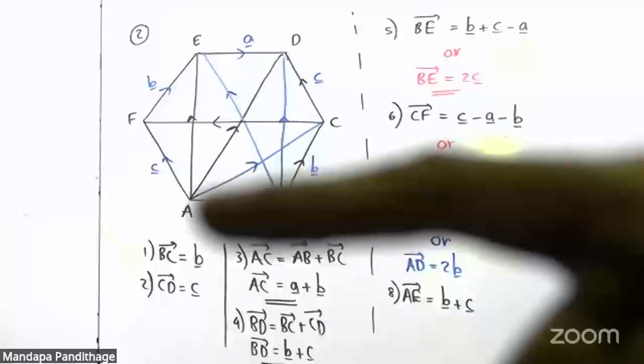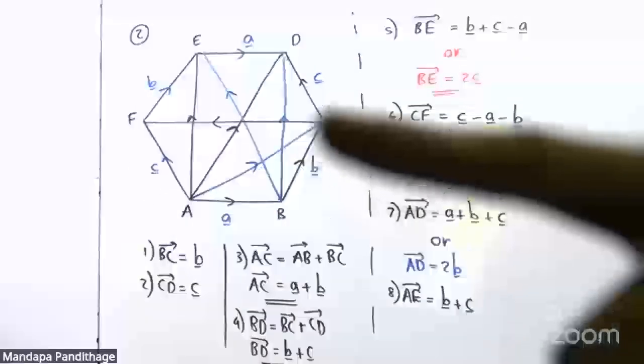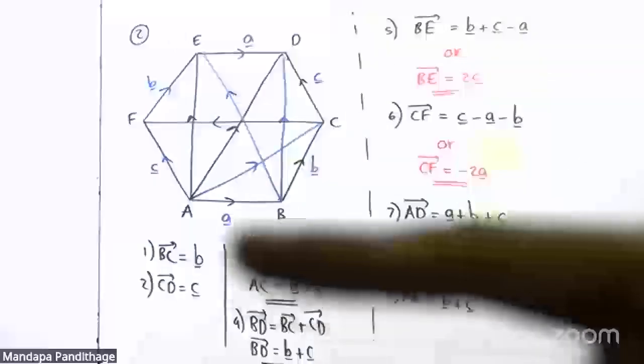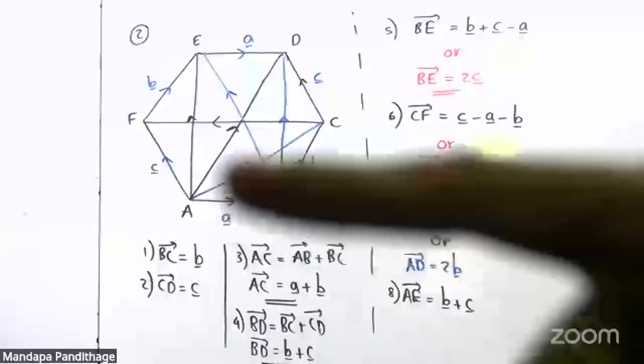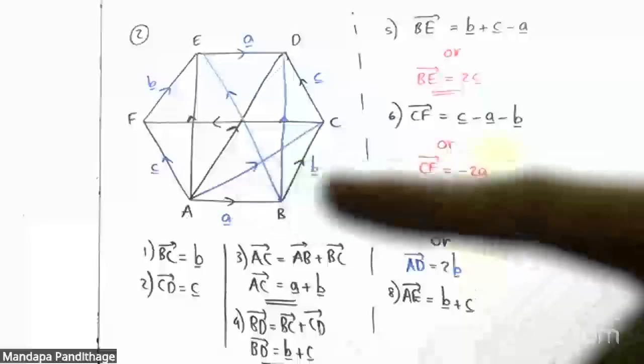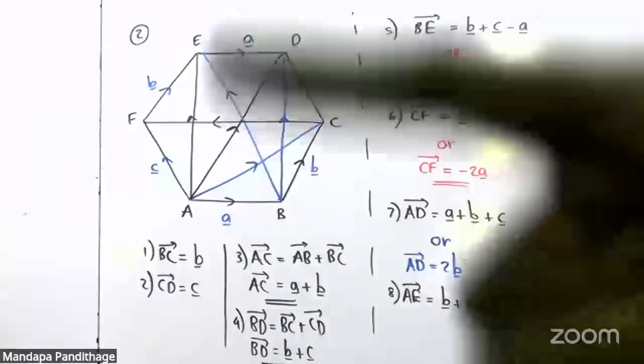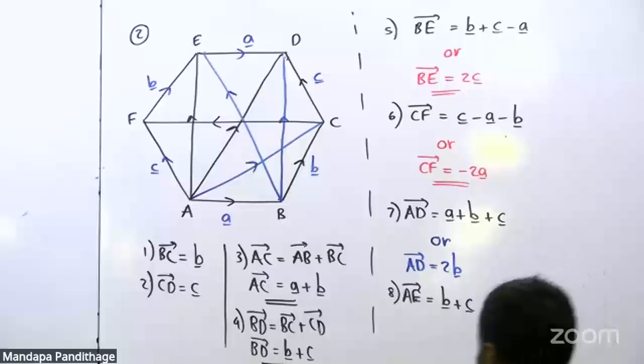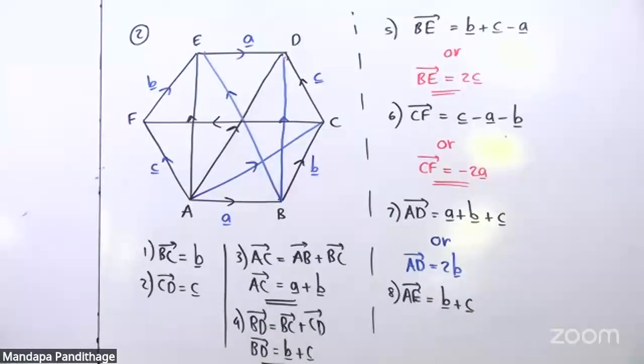You can go from A to F, F to C, C to D, and D to E. All the vectors are known vectors. So then you can find AE. So take that path: A to F, F to C, C to D, and D to E.